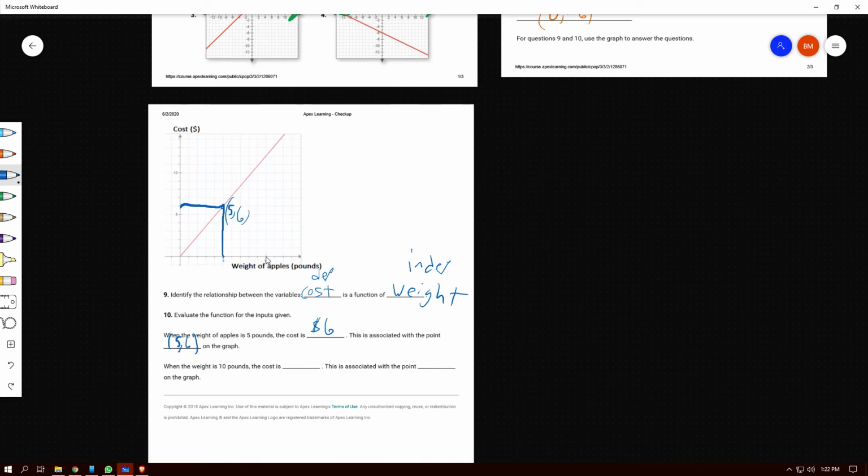When the weight is 10 pounds, the cost is, well, if I go up here again, so 10, bring it over, that's now going to be $12. And that's associated with the point 10, 12, right? Because weight is my x value and cost is my y value. That looks like a B.